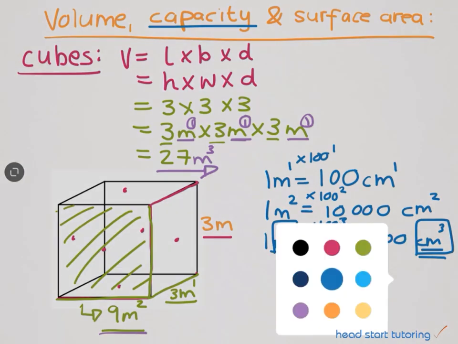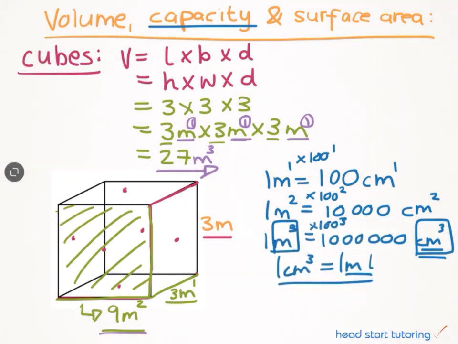So let's have a look here. We are working with 27 meters cubed, and we would like to convert this measurement into centimeters cubed. Remember we multiply by our conversion, which is 100 to the power of 3, giving us 1,000,000.